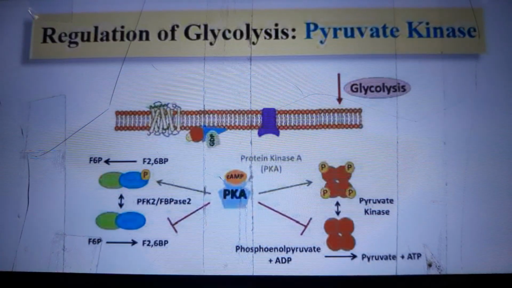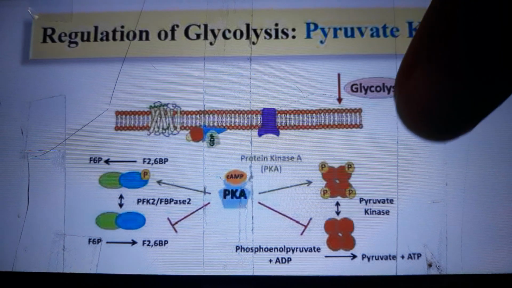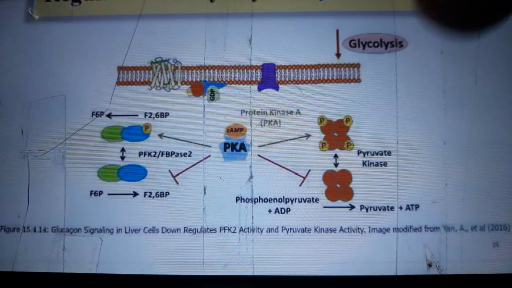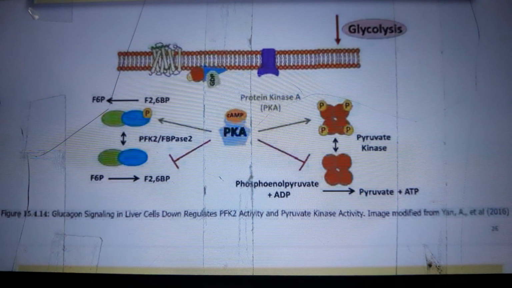Regulation of glycolysis in the pyruvate kinase. Here glycolysis is on the membrane, mitochondrial. It gives rise by difference to PK, F2,6-BP, and then in the presence of PFK2 and FBPase2 it gives F6P, and then reversibly F6P and F2,6-BP. In the presence of protein kinase A, it gives pyruvate kinase.